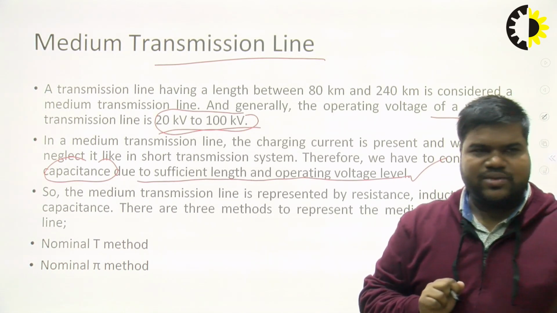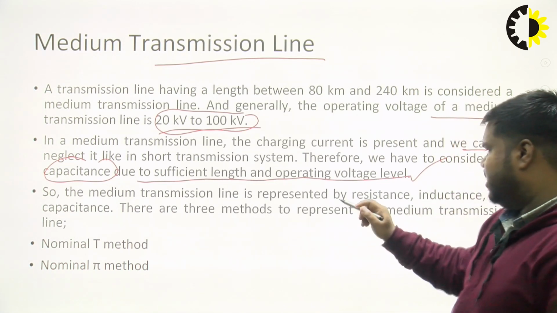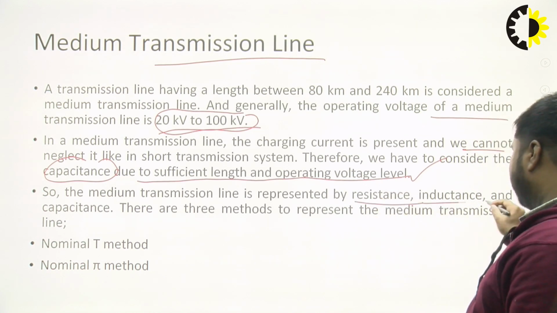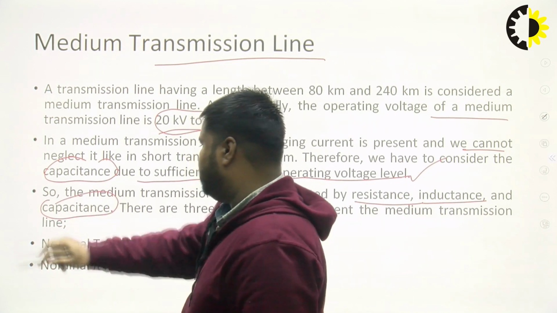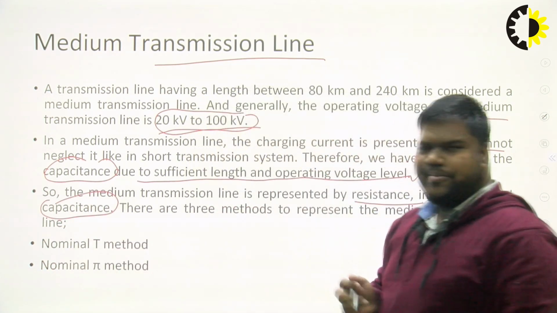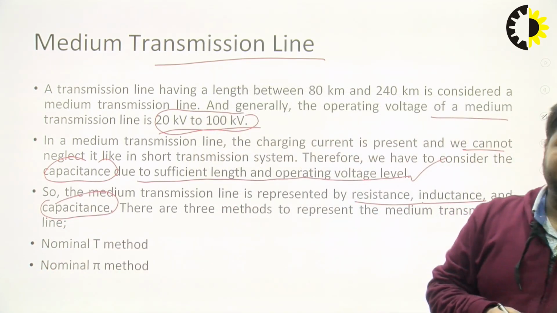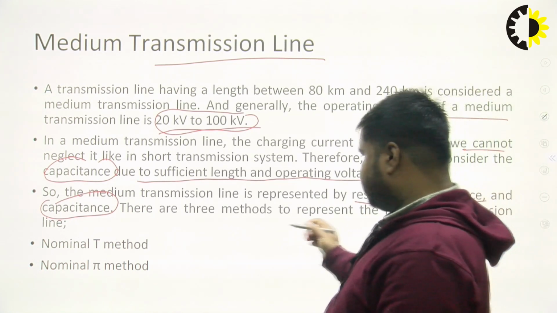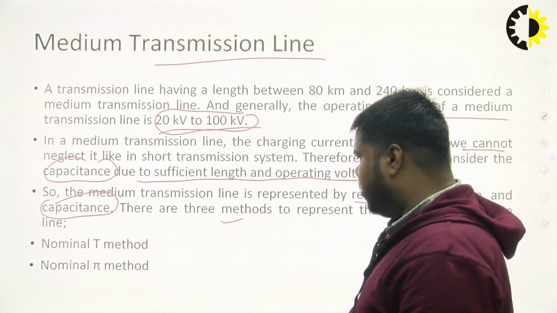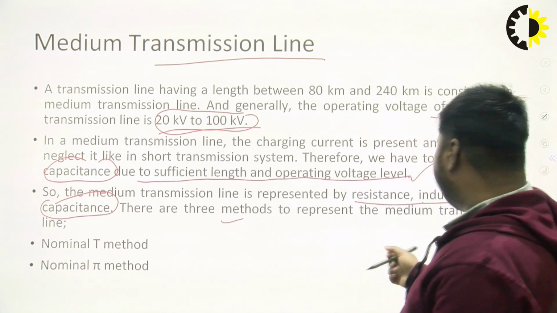So the medium transmission line is represented by resistance, inductance, and also capacitance. There are three methods to represent the medium transmission line: nominal T, nominal pi, and the hybrid method.